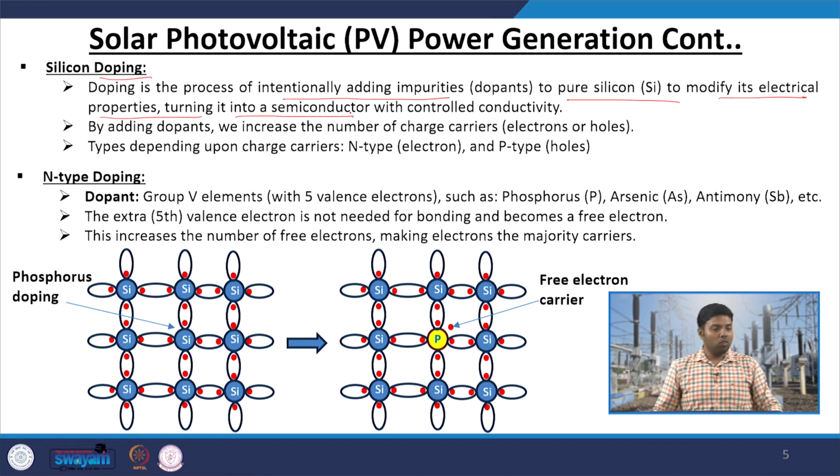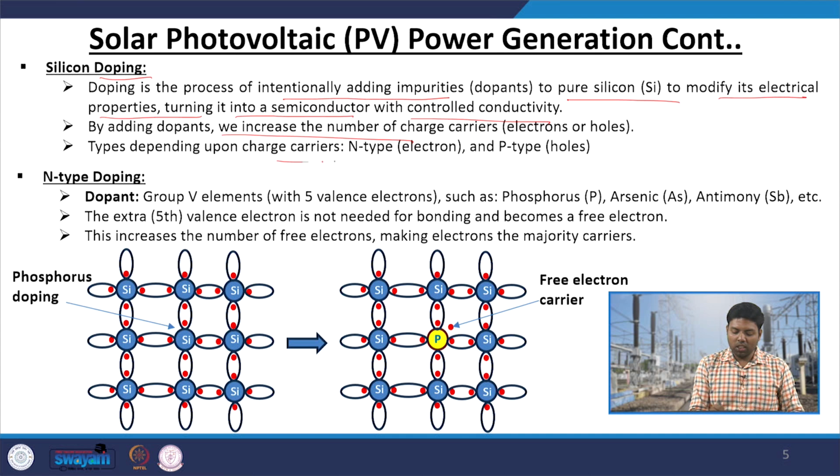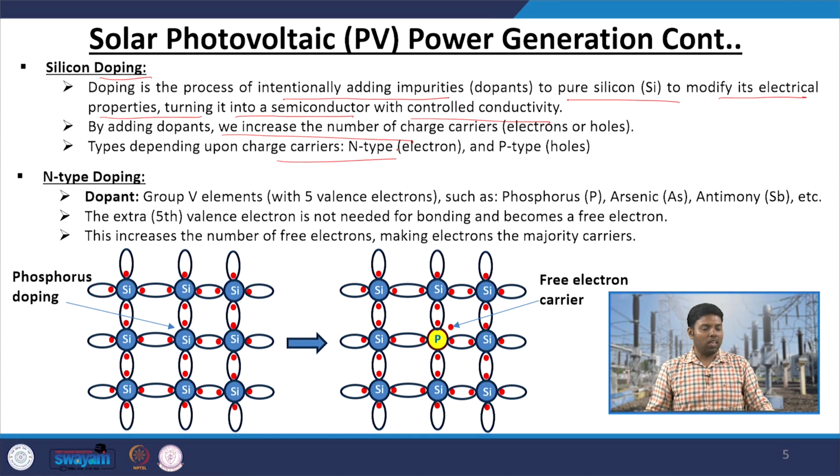That means from an insulating material it is now a semiconducting material with a controlled conductivity. The dopants increase the number of charge carriers. If your charge carrier is an electron, then you make an N type doping. If your charge carrier is a hole, then you make a P type doping.